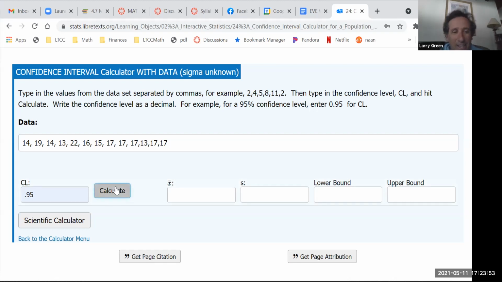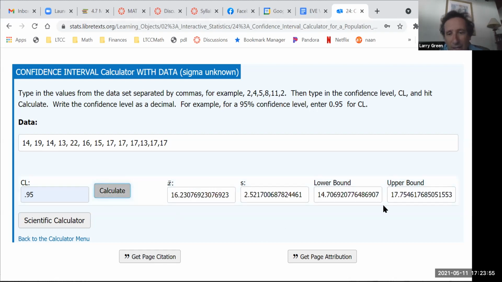And I'm going to hit calculate. And it gives us our lower and upper bound. You'll notice I'm going to go one decimal because, again, no one ever cares about two decimals for the average age of first kiss. So I'm going to go one decimal: 14.7 to 17.8. Any questions on that?